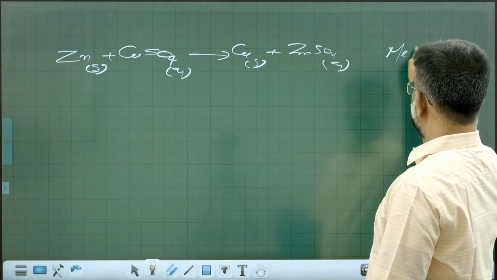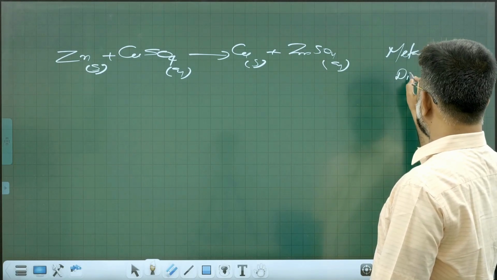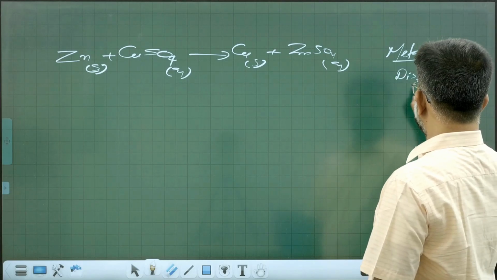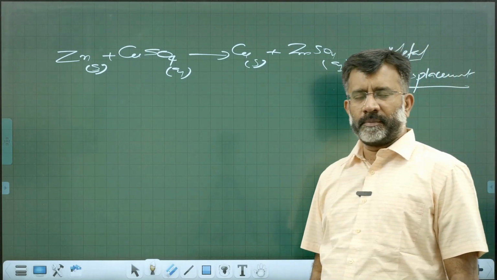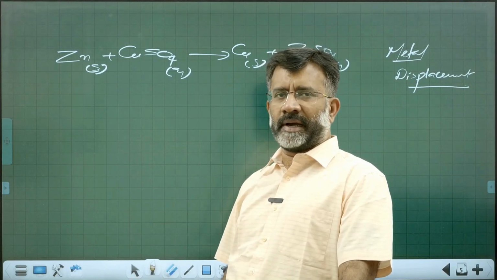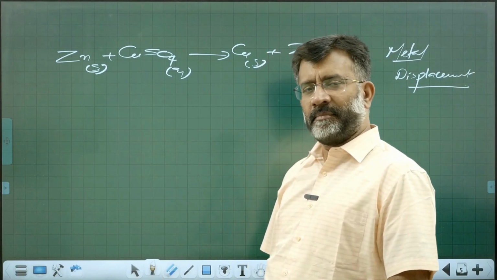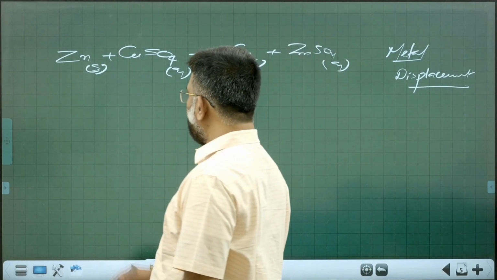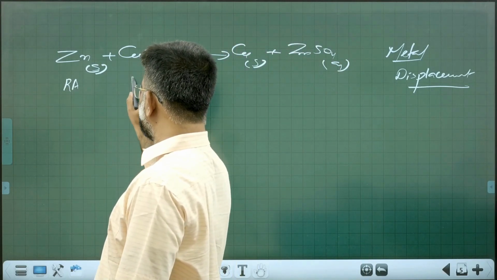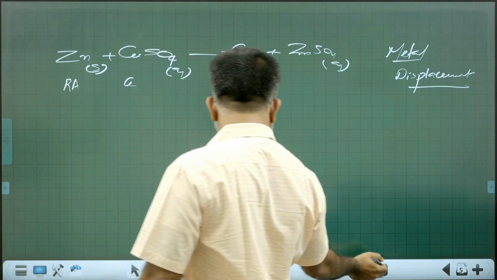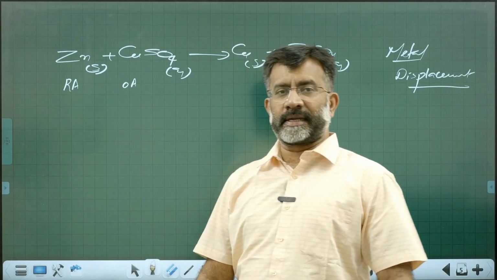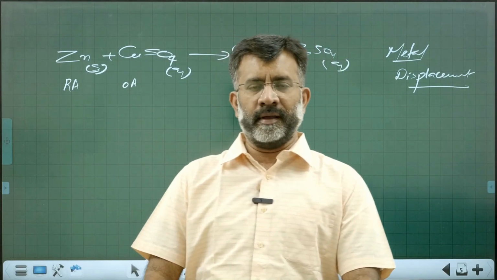This is a metal displacement reaction. From copper sulfate solution, copper is displaced by zinc. Zinc acts as a reducing agent and copper 2+ acts as an oxidizing agent. So this is a displacement type reaction, particularly called metal displacement.